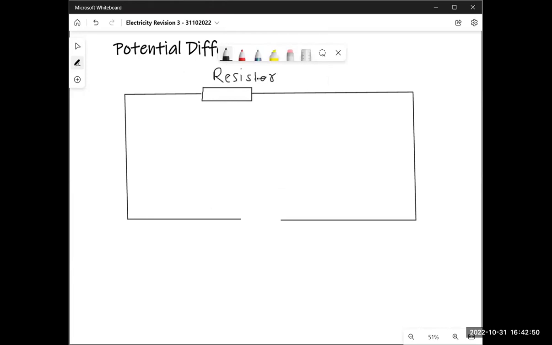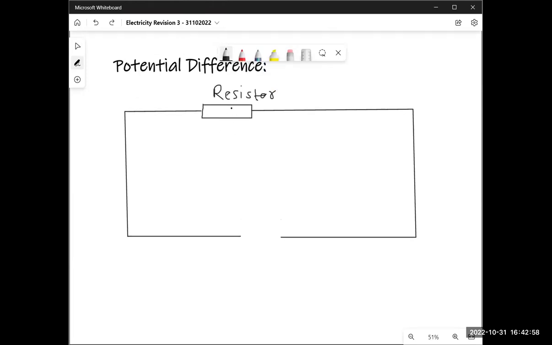This is the symbol for a resistor. I'll give you a list of symbols later, but a rectangle like this is always a resistor. I'll add one more thing here, let's say a bulb. Let's remove the resistor for now. Now you have a bulb, and I also have a battery, a cell.